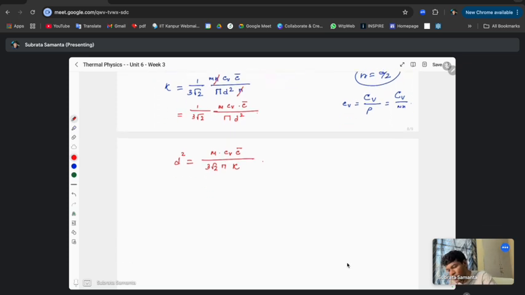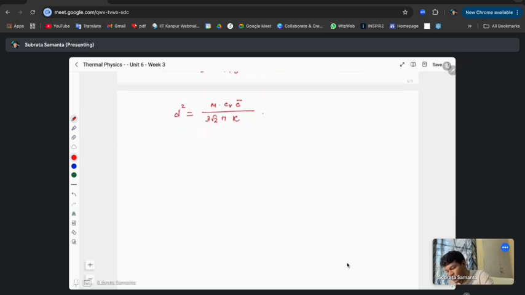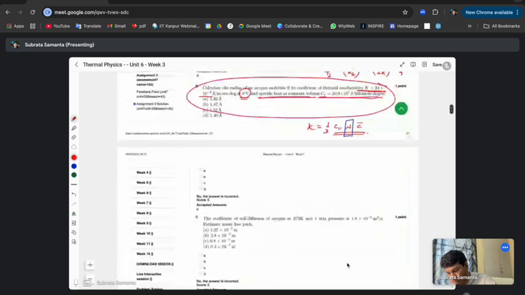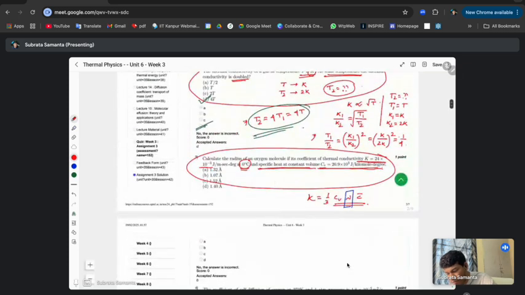Now the value of kappa is given. In the problem, the value of kappa is 24 times 10 to the power minus 3, and T is also given because this is 0 degree centigrade, which means T is 273 Kelvin.